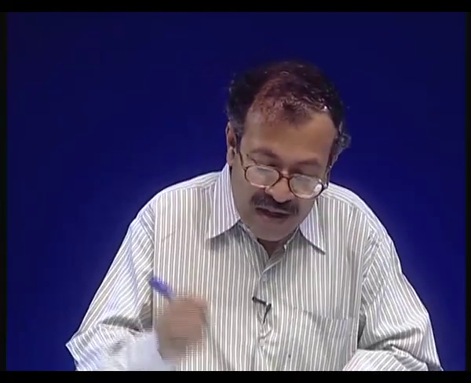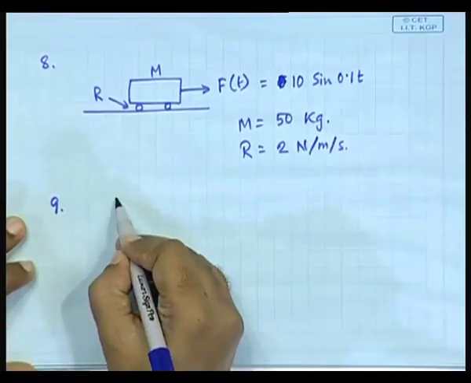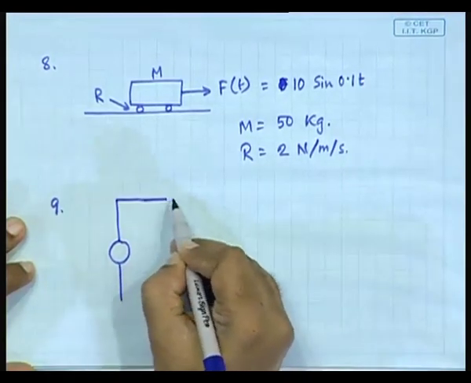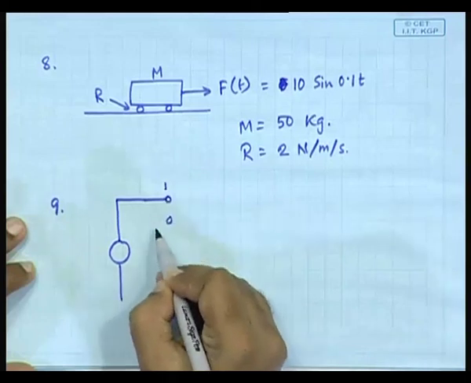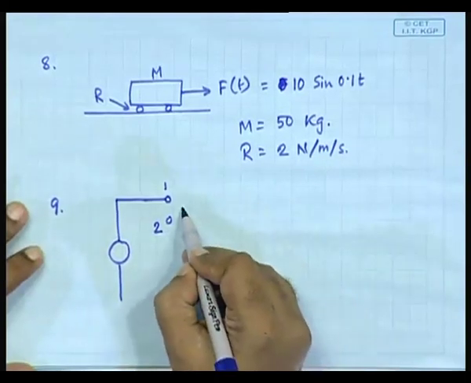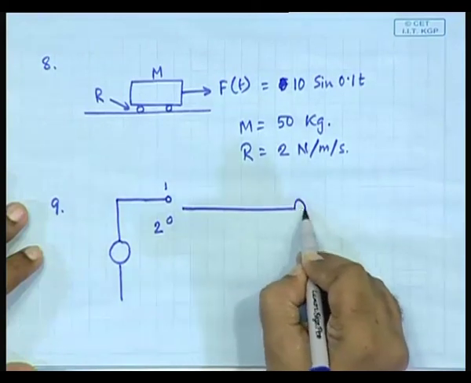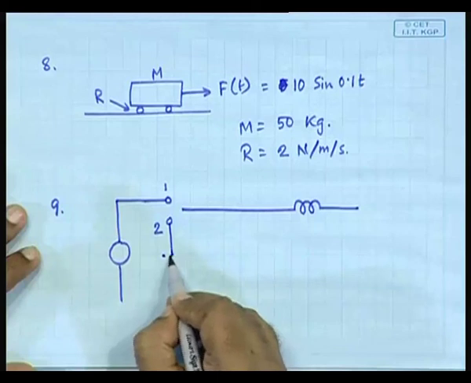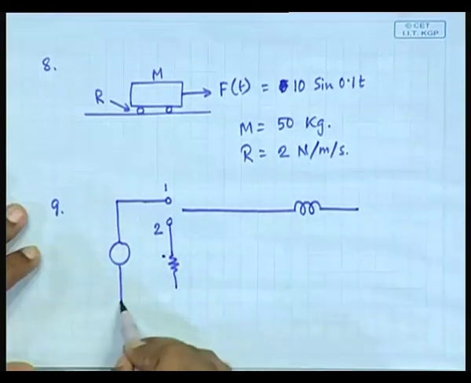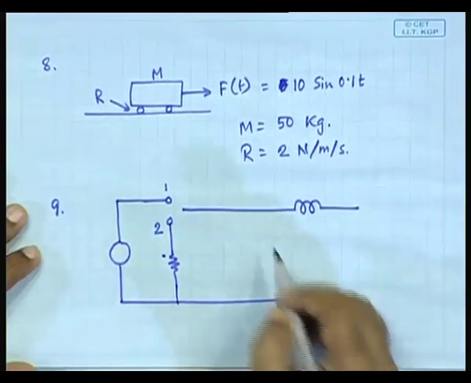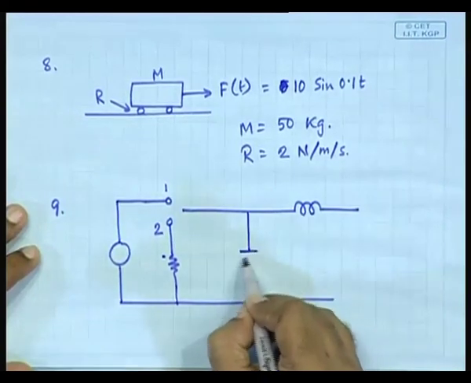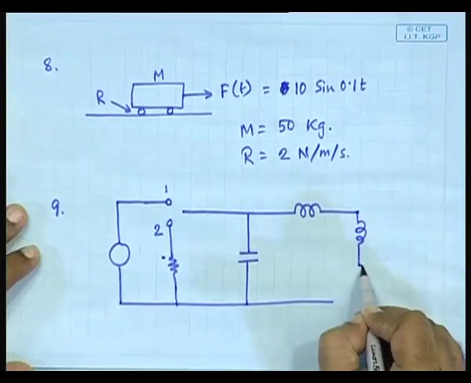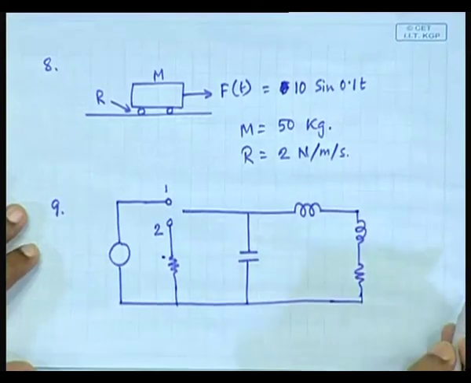Okay. Last, you have an applied voltage, you have got two positions 1 and 2, and this point could either be in 1 or 2, and here there is a capacitor, and here there is another inductor and resistor.